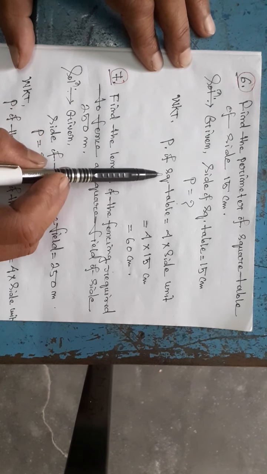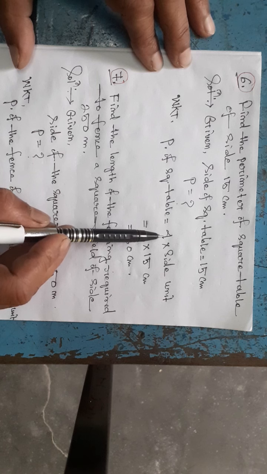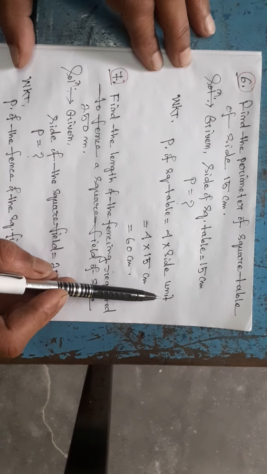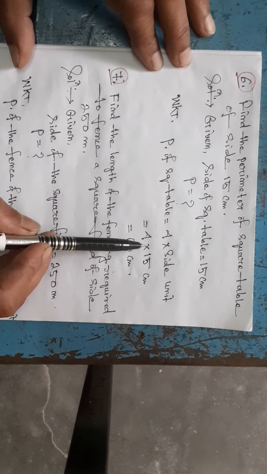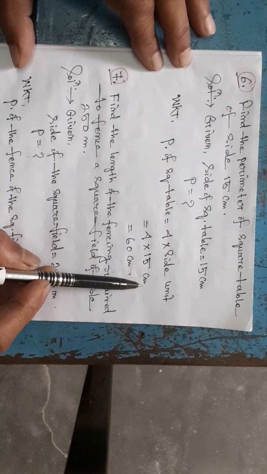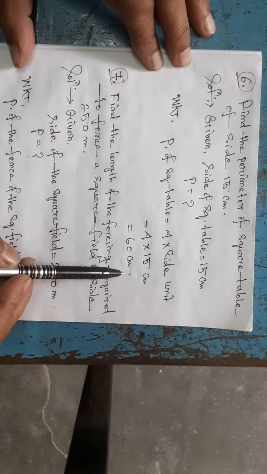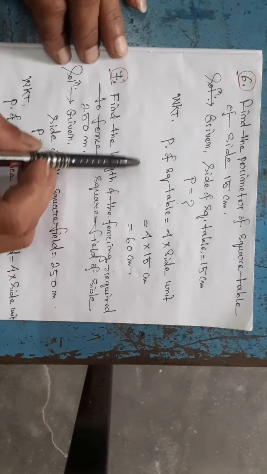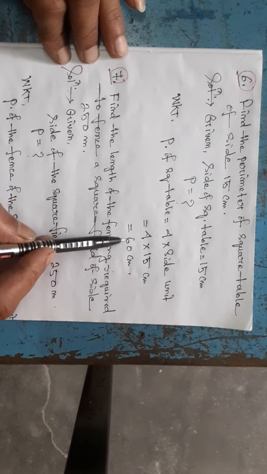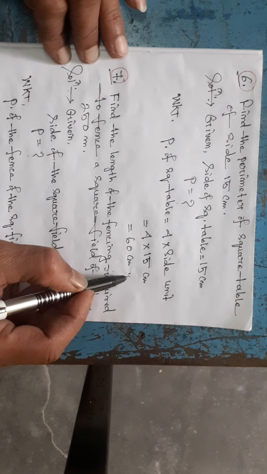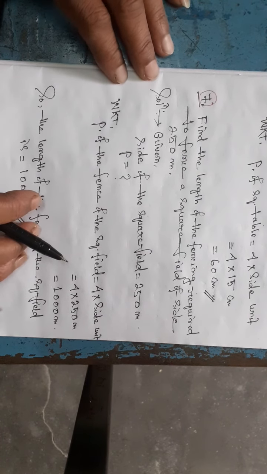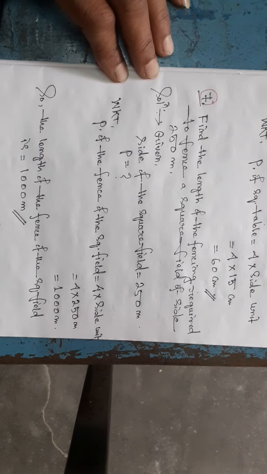We know that the perimeter of a square table is equal to 4 into side unit. Okay, so 4 into 15 centimeter. Now 4 into 15 is equal to 60 centimeter. Okay, so the perimeter of the square table will be 60 centimeter. This is the answer. Okay, next question number 7.